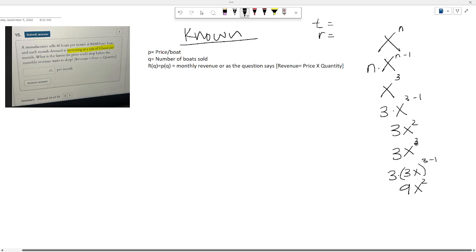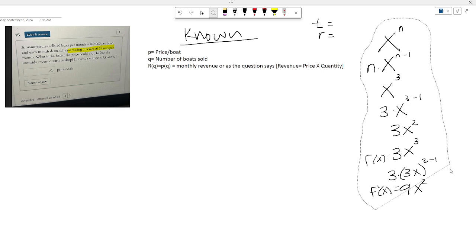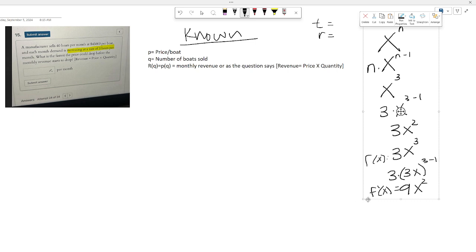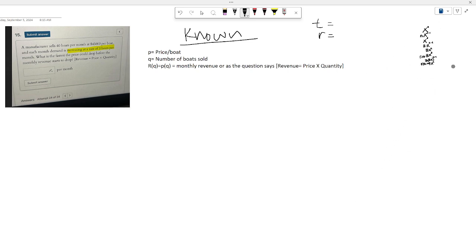Does that make sense? So 3 times 3, and then you subtract 1 off of the 3, and it becomes a 2. So this is the function, and this is the derivative, or the slope function, or whatever you want to call it. That's what that is.